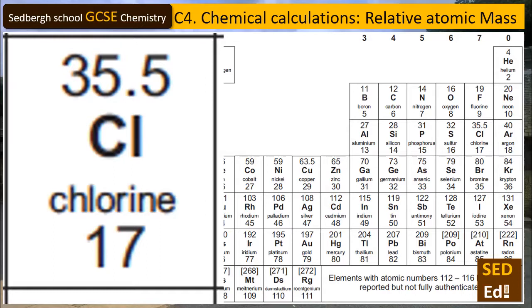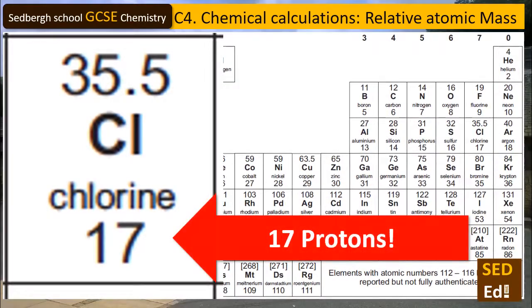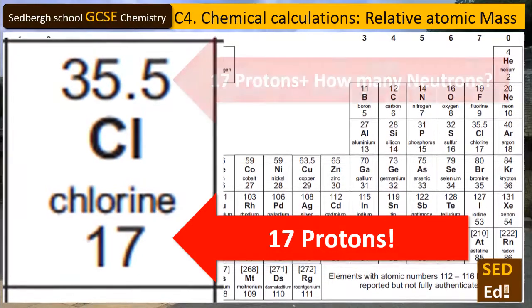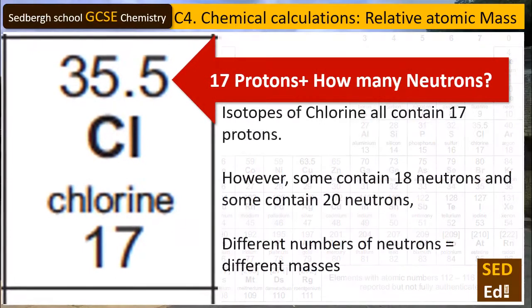In fact, the reported number in the periodic table of elements is not the exact mass of every single atom of that particular element. A chlorine atom contains 17 protons. Every single chlorine atom in the universe contains 17 protons. However, some of these chlorine atoms contain 18 neutrons and some contain 20 neutrons.